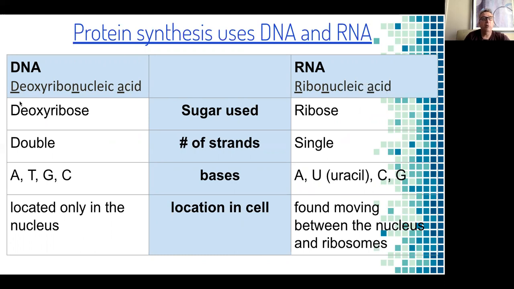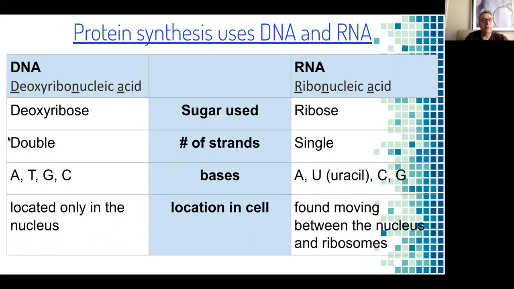The deoxy means it has one less oxygen than a ribose, right? So here's your deoxyribose and here's your ribose. And it's pretty amazing to think that one oxygen atom can change the molecular structure of something so great, right?